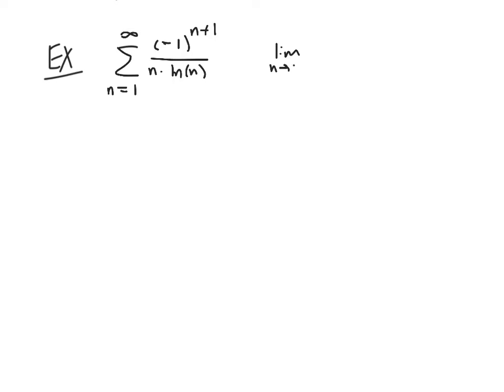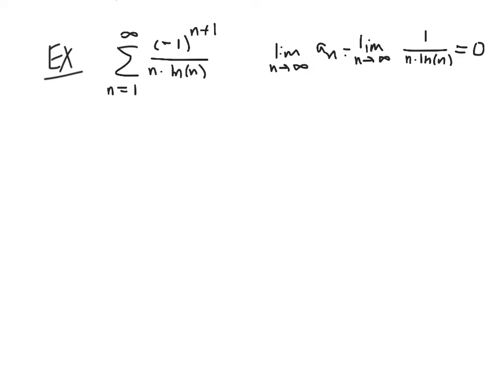So let's do another example, and let's look at the series sum from n equals 1 to infinity of -1 to the n plus 1 over n times the natural log of n. Well, we see that the limit of the a_n, which is the limit as n goes to infinity of 1 over n times the natural log of n, these terms clearly go to 0.